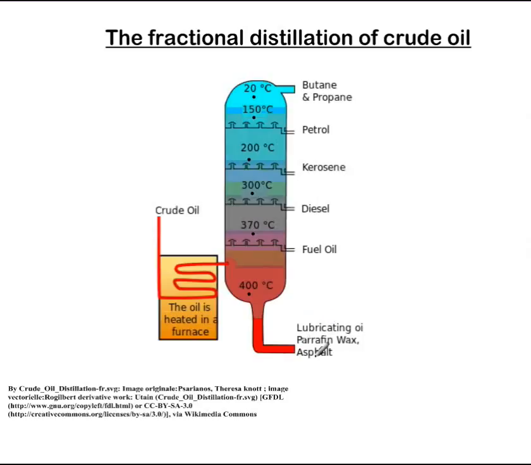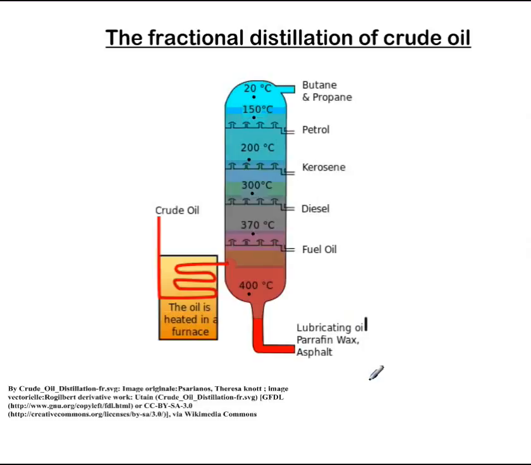So if you look at this example here, we see at the bottom we've got lubricating oil and we've got paraffin wax. Now, if we have a lubricating oil, paraffin wax, and asphalt, we see that they have very long carbon chains with 20 carbons or more.